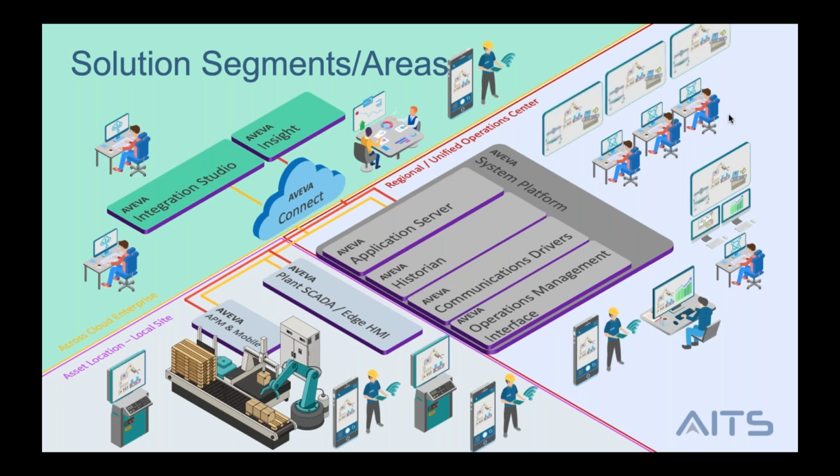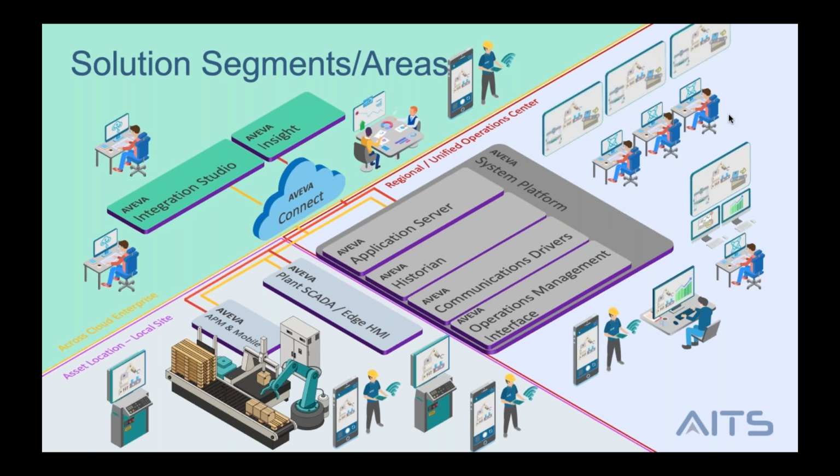Now, speaking about the different areas, the same data that is generated from the machine, or from the operation level, depends on the people who are viewing the data. Yes, the data is collected in different areas, whether near the assets or at regional levels and so on.